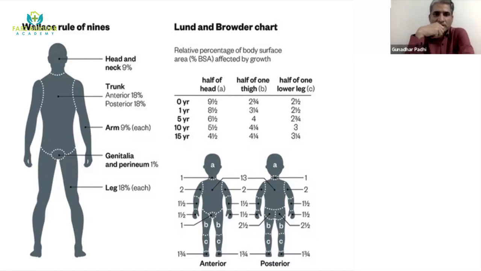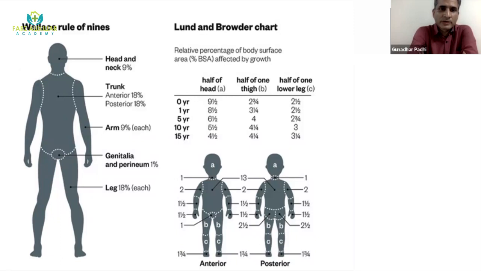As per this, you can see that if the patient suffers a burn in the chest and abdomen and the back of the chest, then it automatically goes into the major burn category, because the anterior trunk is 18% and the posterior part of the body, the dorsal part, is also 18% if the burn involves it extensively.